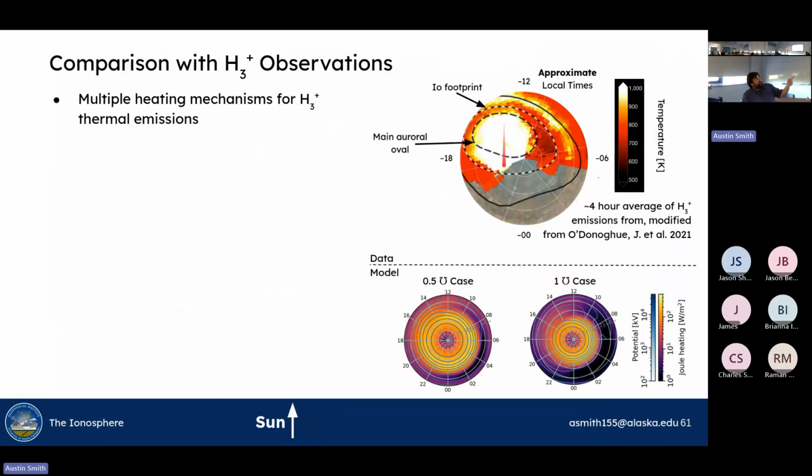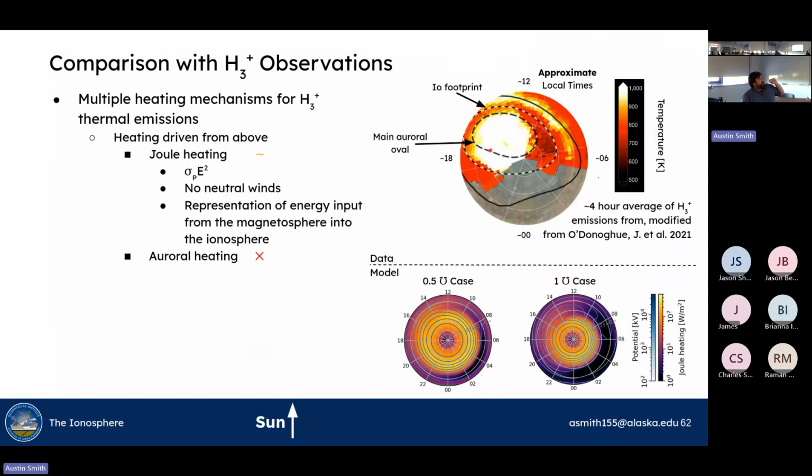So this is looking at a roughly 4-hour average of H3+ emissions and the temperature. You can see the main auroral oval and the Io footprint. You can see it's quite hot up here.